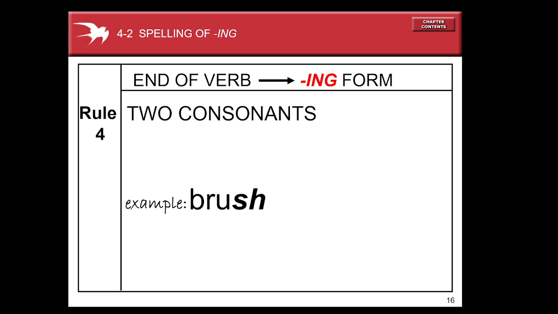Now, let's continue with rule number 4. Rule number 4 is when we have two consonants. Can you see the consonants? Yes, they are letters S and H. Brush.